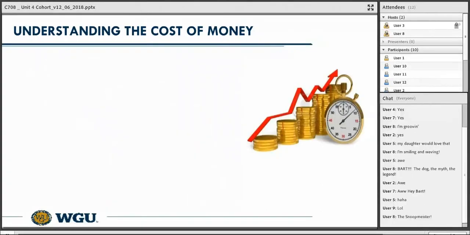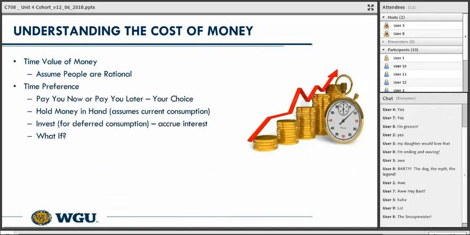All right. So let's talk about the cost of money. We assume people are rational when we're thinking about the time value of money. So what are the rationality assumptions? We say that people have a time preference. If you're holding money in your hand now, that assumes you can do two things.